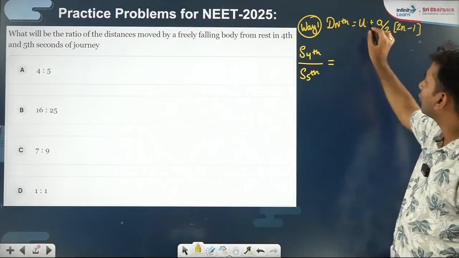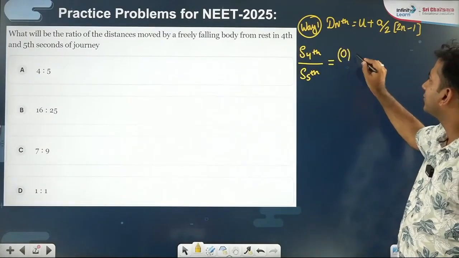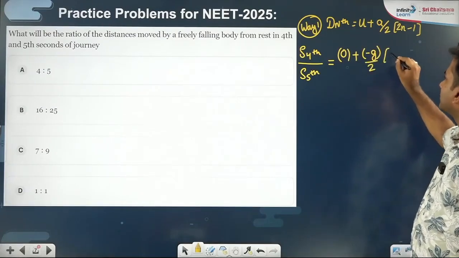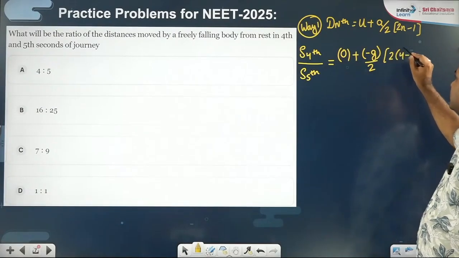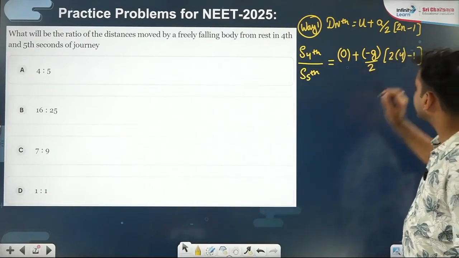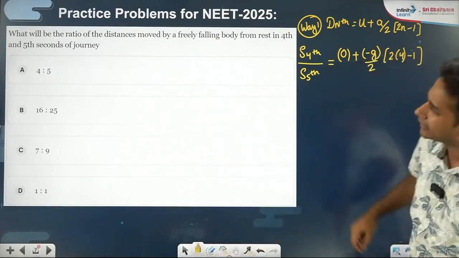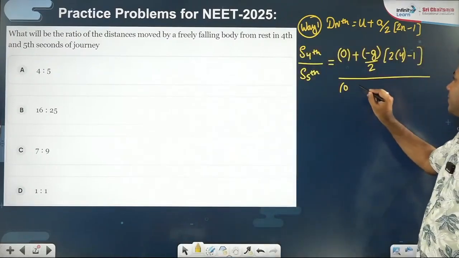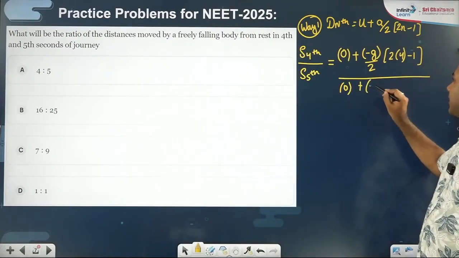So for a freely falling body, the initial velocity will be 0. Acceleration can be considered as minus g, this is by 2, and this is 2 into 4 minus 1. For the fourth and fifth second, that will be 0 plus minus g by 2.